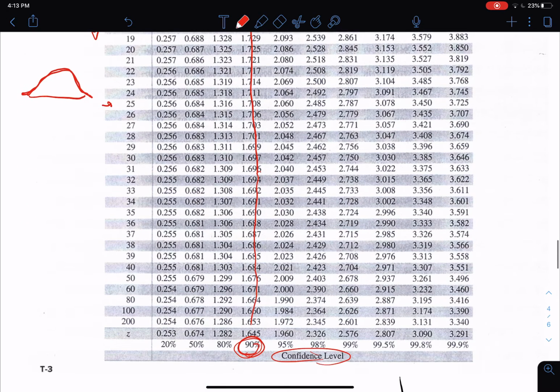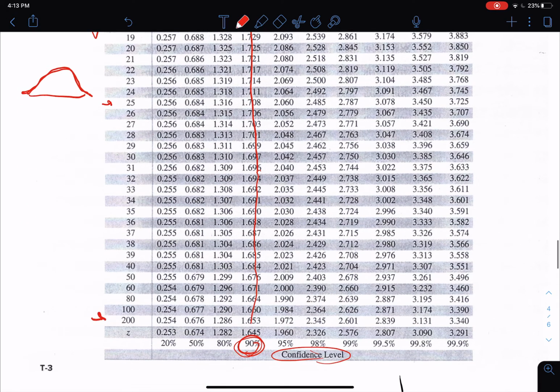In fact, you could even see it if you have degrees of freedom of 200, which means your sample size was 201. Anything bigger than that, anything bigger than a sample size of 201, we just go ahead and use what? This, which is exactly our z values. So that would be our critical values from the z table.